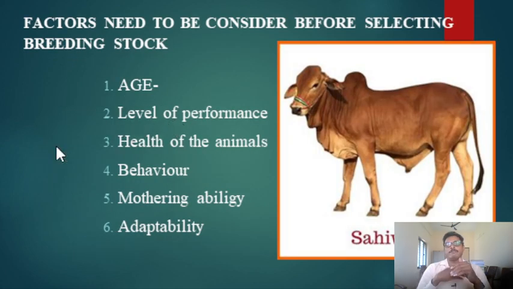Then, what are the main factors to be considered before selecting a breeding stock? First of all, we have to know the age of the animal and the level of performance, that is, the level of milk production.